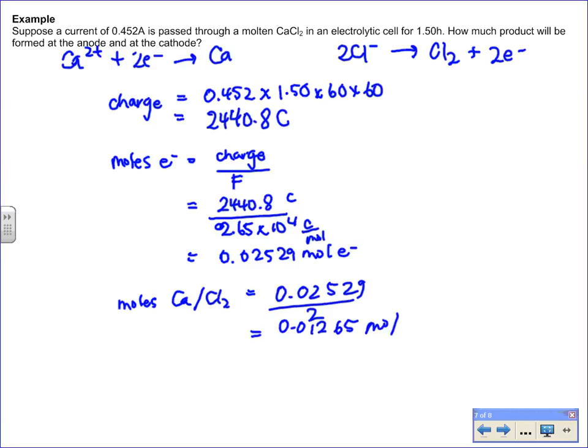Okay, so that's the moles of calcium. So then from that you can figure out the mass of the calcium of 0.506 by multiplying by its molar mass, or the mass of the chlorine by multiplying by its molar mass of 0.897. Okay, so that's the approach to solving quantitative electrolysis problems.